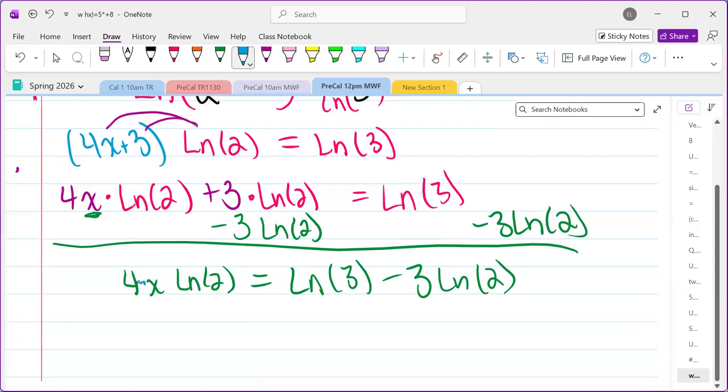Now the 4 and the natural log 2 are both attached to the x by multiplication. So to get the x by itself, to keep the x here, I've got to get rid of the other stuff. So I divide by the other stuff. Whatever I do on one side, I do on the whole entire other side.